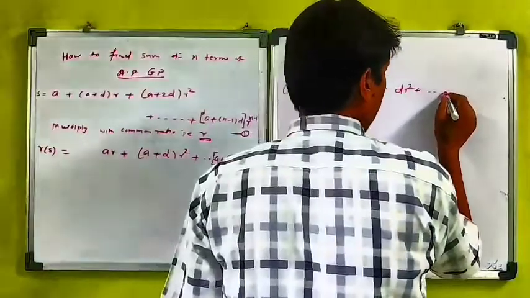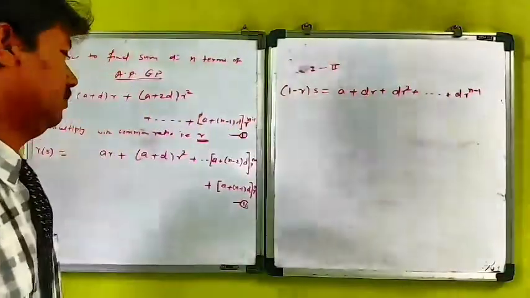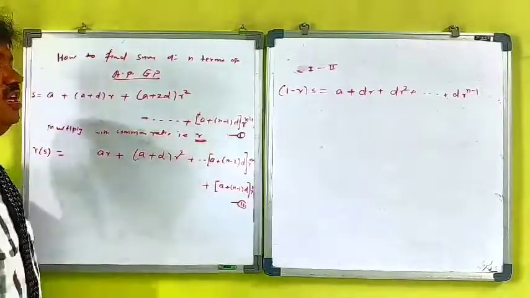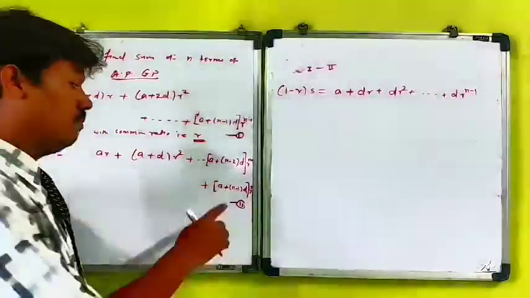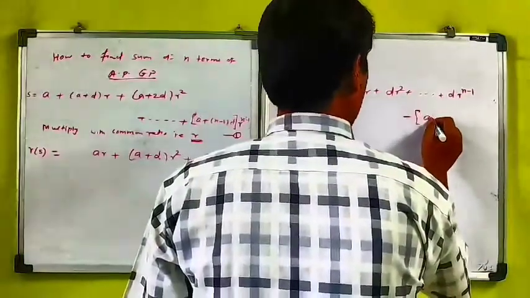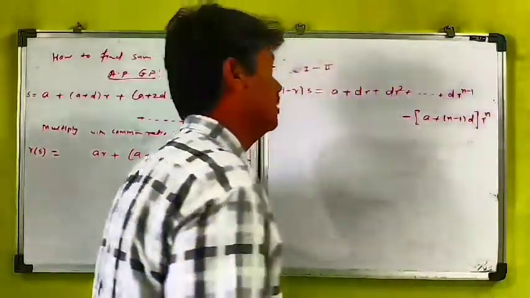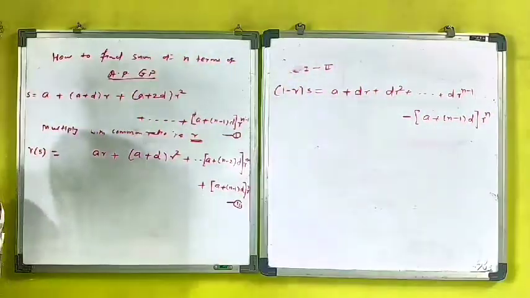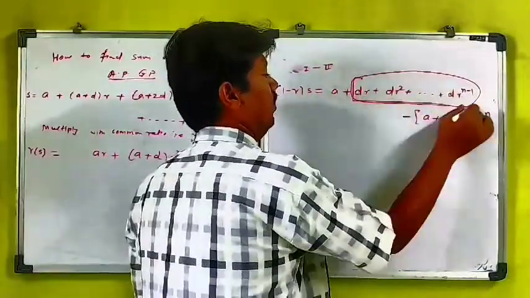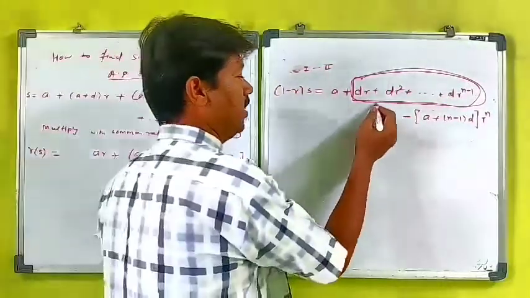Like this, the last term will be dr raised to n minus 1. Subtracting these, the rest cancel, leaving d r raised to n minus 1, but one more term remains: minus (a plus (n minus 1)d) into r raised to n. And here we have to use the GP formula for this, since this is a geometric progression.